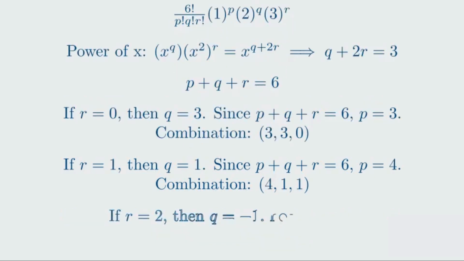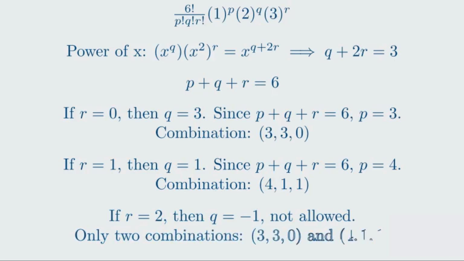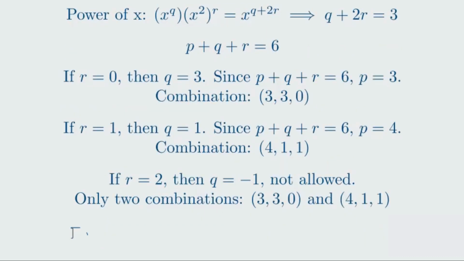Now we substitute each combination into the multinomial coefficient formula. For 3, 3, 0, we get 6 factorial divided by 3 factorial times 3 factorial times 0 factorial, which is 20, times 2 cubed, which is 8, times 3 to the 0, which is 1. This gives 160.